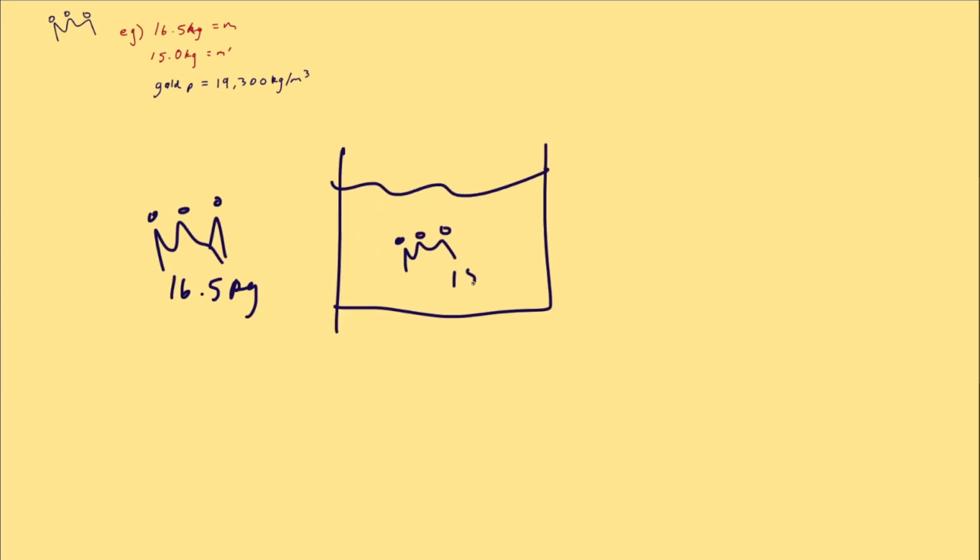So your crown out of water, like we said, 16.5. When it's in water, it's 15 kilos. Which means that the buoyant force is 1.5 kilos worth of force. Of course, you would write that in newtons because it's a force, but we're going to ignore that.